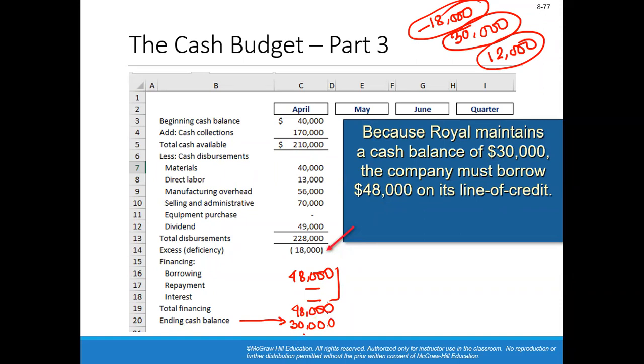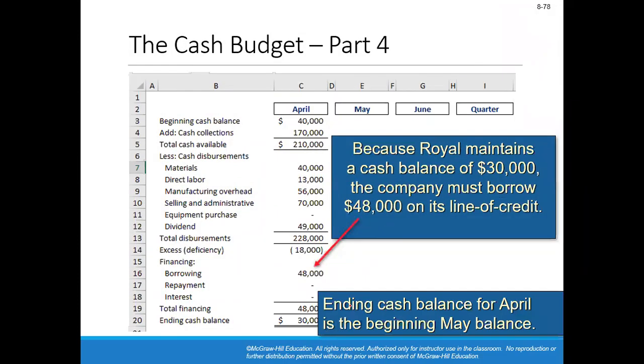Okay, so in this way we can fill it up. Have you got how we are working here? Try to understand. I have written the 30,000 ending cash balance first. Then I'm trying to understand how much borrowing I should require to have the 30,000 cash balance here. So you have given me the answer. I should have the 48,000 borrowing. So that's why I have written the 48,000 here, and this is the summation of all the financing items.